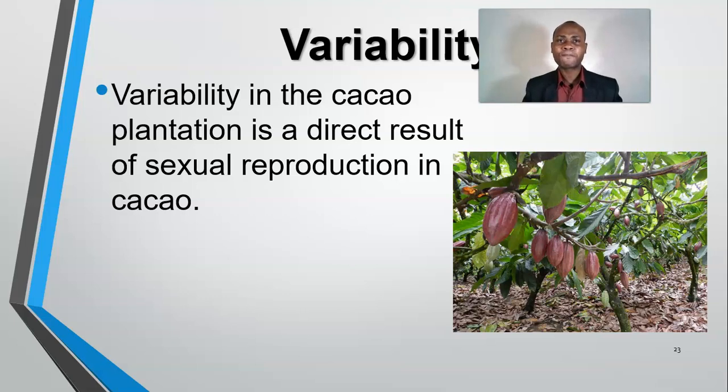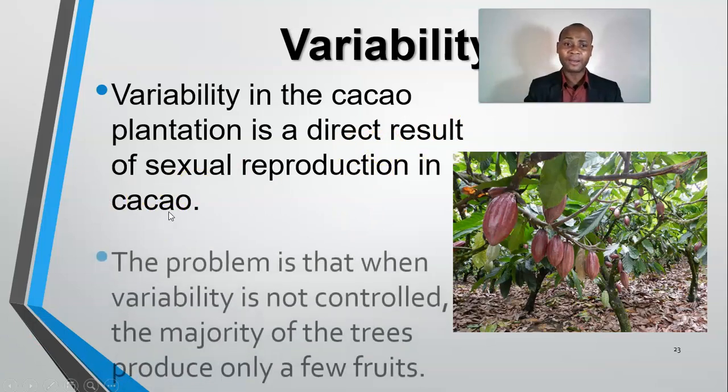By variability we are talking about the differences between trees on the farm. If you have too many differences between trees, meaning a lot of different genetic traits on the farm, the yield declines. Variability in the cacao plantation is a direct result of sexual reproduction.